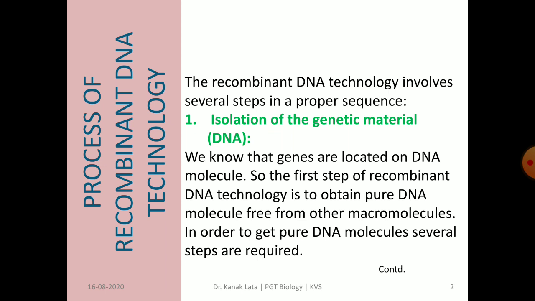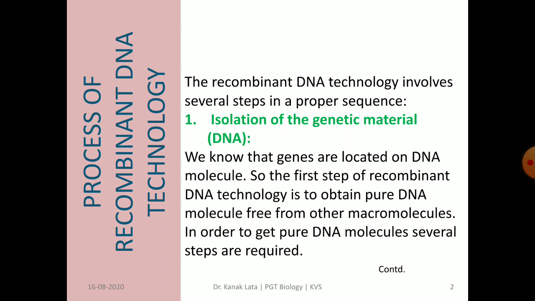The first step in rDNA technology is isolation of genetic material, that is DNA. So first we have to isolate the DNA. It means how we will get the desired piece of DNA, or the gene of interest.